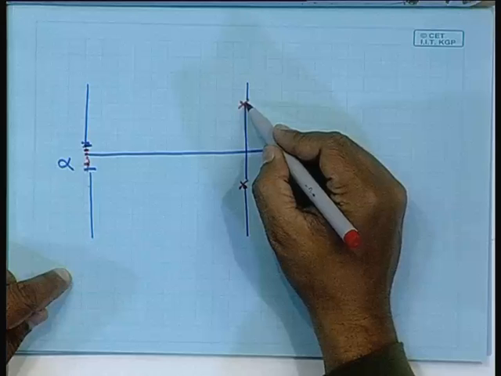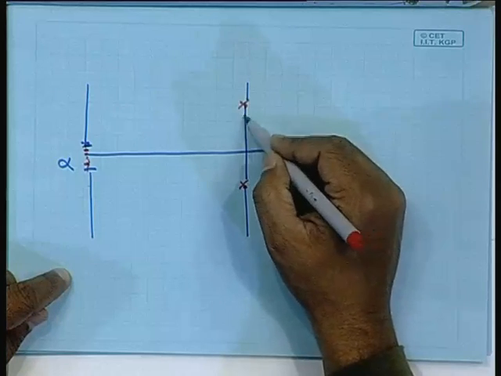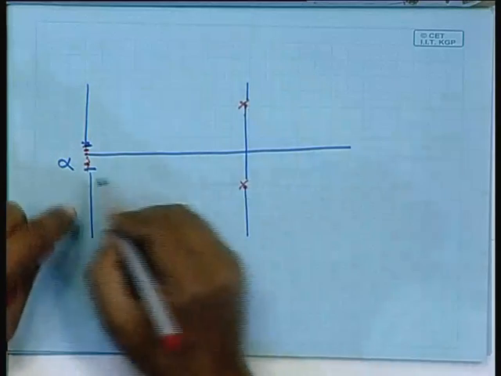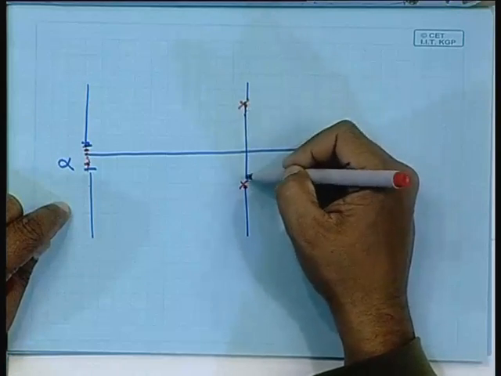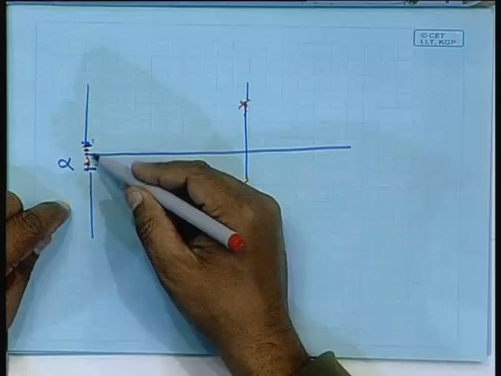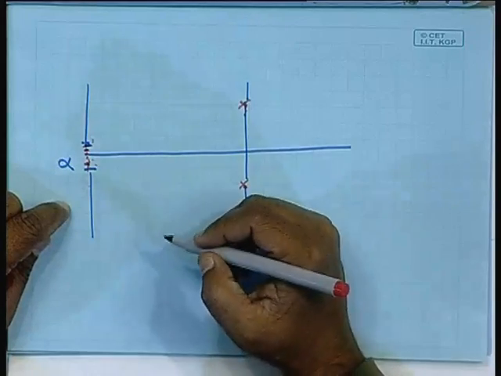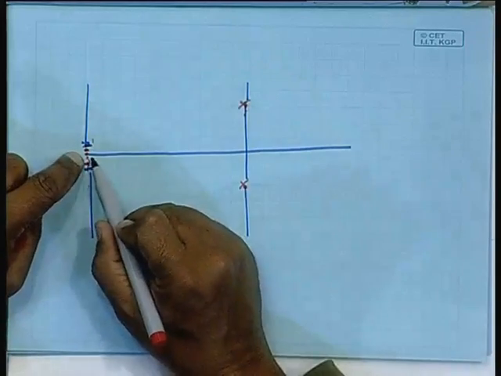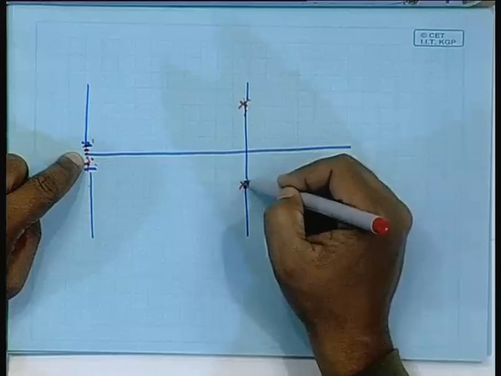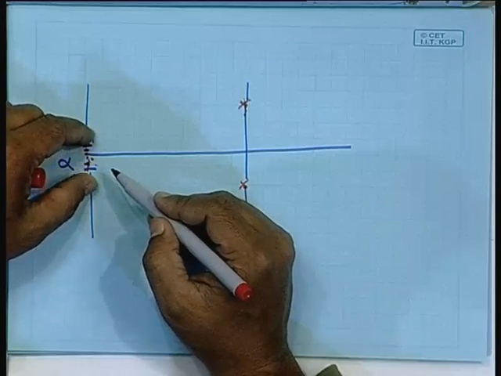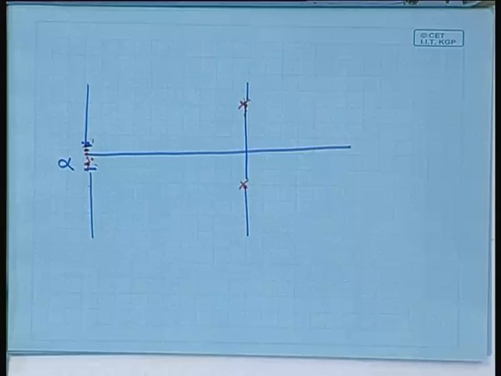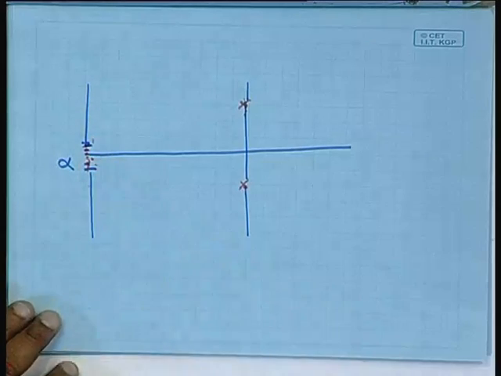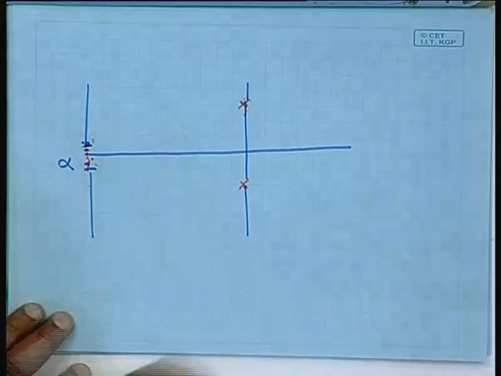Now, when you ask what is the coherence between this and this, each is a superposition of contributions from all these sources. Only the contributions from the same point are going to be coherent with each other, and as you make this aperture wider and wider, this coherence is going to go down, because the fractional contribution from each point makes a smaller contribution now to the total.